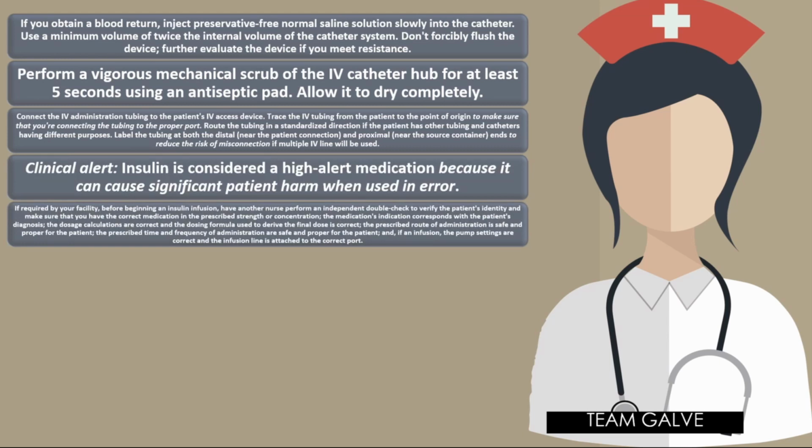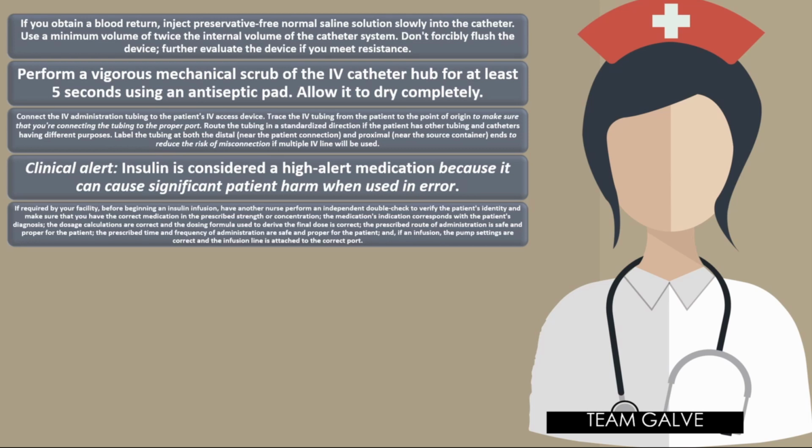Clinical alert. Insulin is considered a high alert medication because it can cause significant patient harm when used in error. If required by your facility, before beginning an insulin infusion, have another nurse, which is ginagawa namin ito, perform an independent double check to verify the patient's identity and make sure that you have the correct medication in the prescribed strength or concentration. The medication's indication corresponds with the patient's diagnosis.